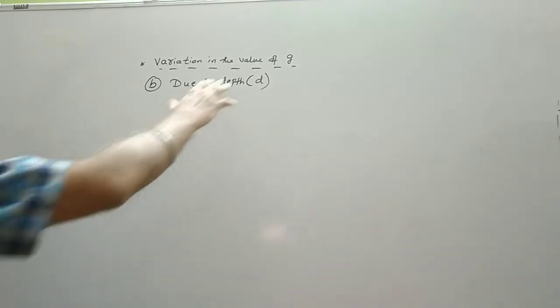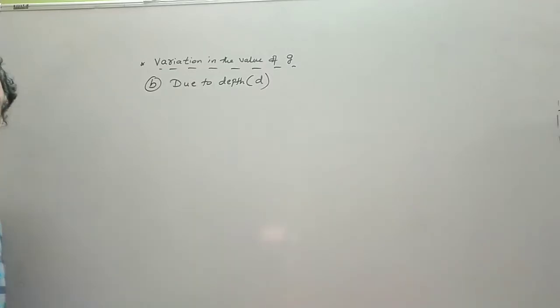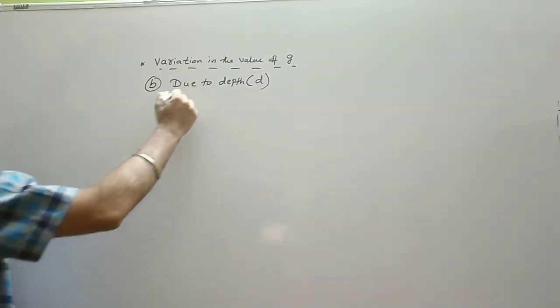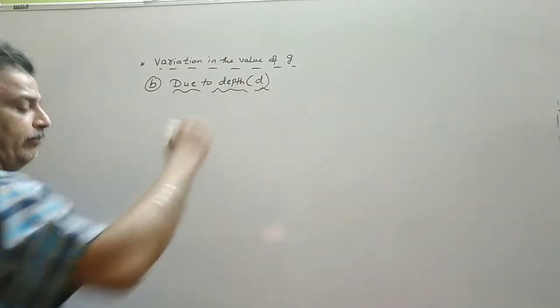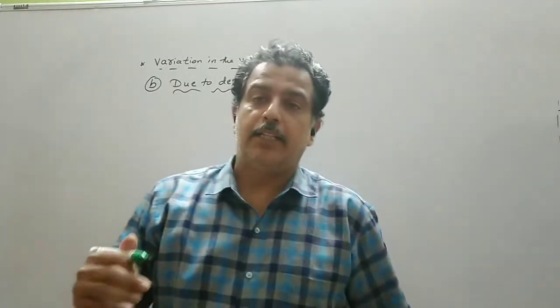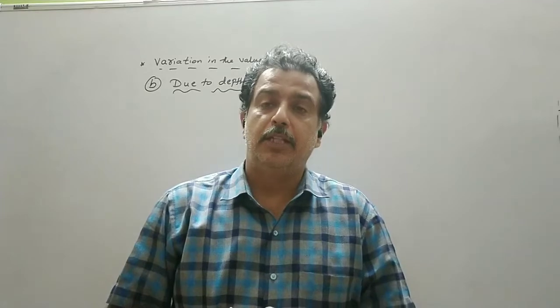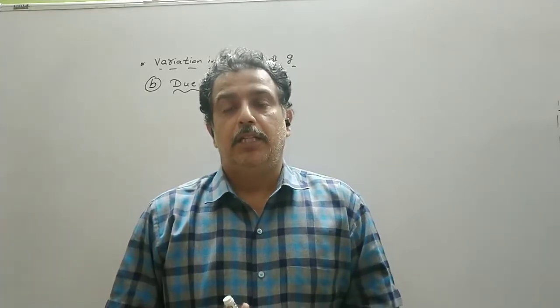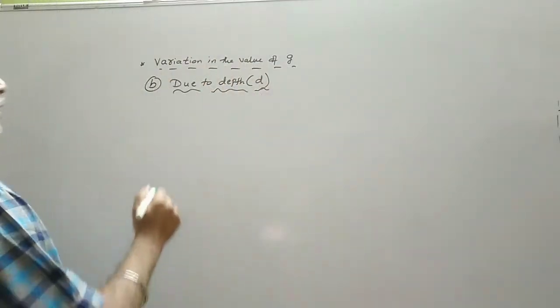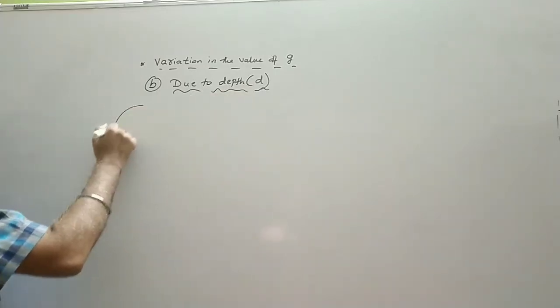Now variation in the value of g due to depth. In this derivation, we have assumed that the earth is having a uniform density, though this is an assumption, and then we did our derivation, and the depth was denoted by d.